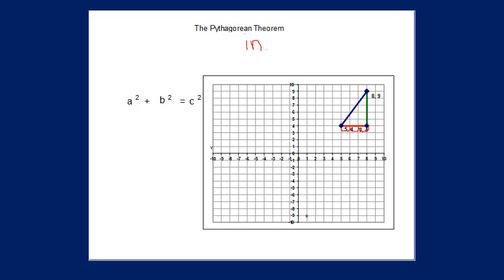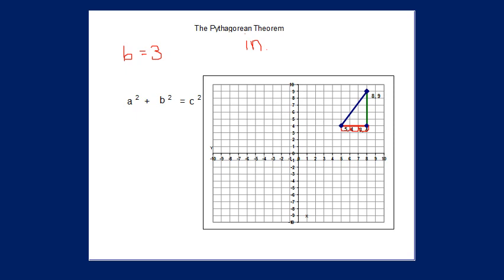There are 3 spaces between the 5, 4 and the 8, 4, and we are going to call that side B. It could also be side A. I chose to make it B. The only one that has to stay the same is the slant. The slant, or the hypotenuse, always needs to be side C.